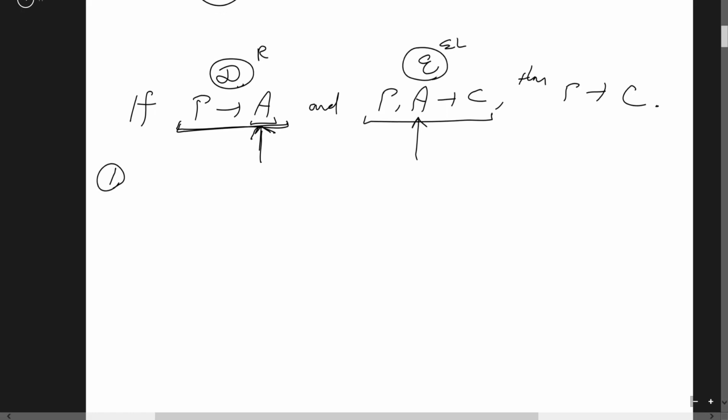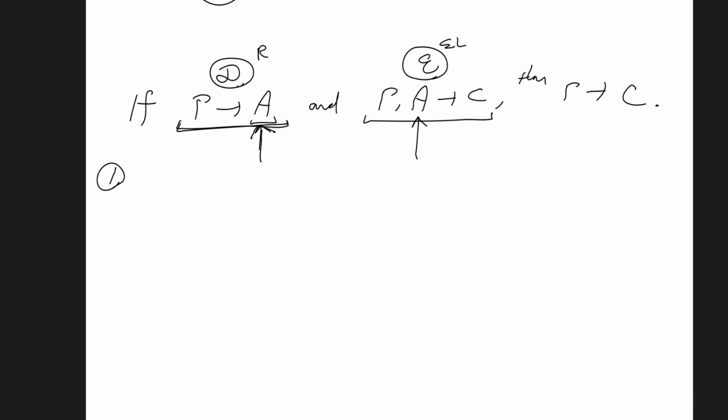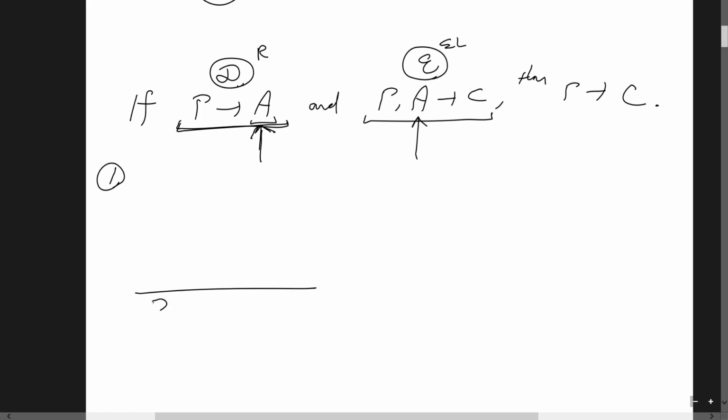And let's consider the representative case, which is implication. So the case goes gamma arrow A implies B, and we focus on this formula. So this is going to be the implication right rule. And this one is D, and this is E.